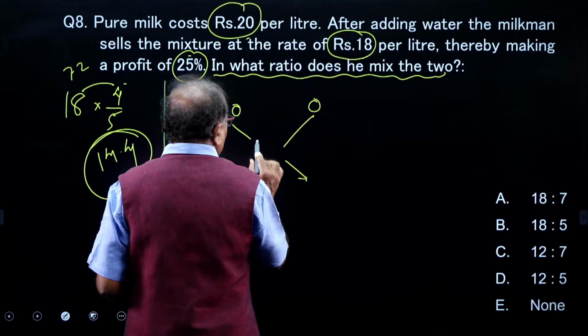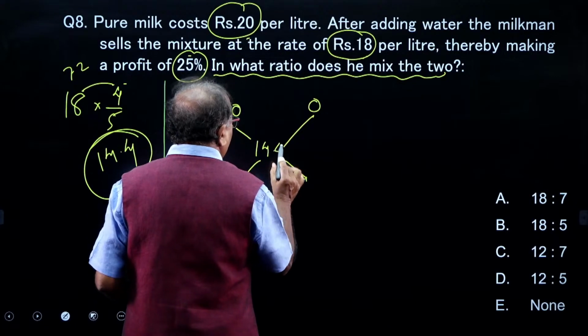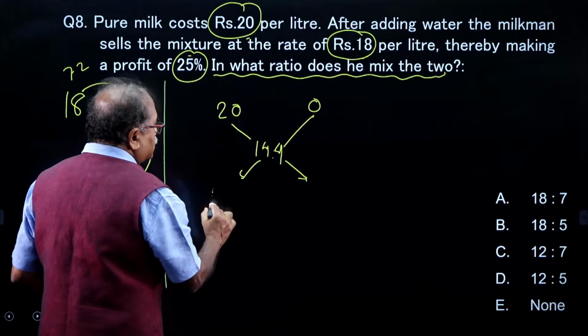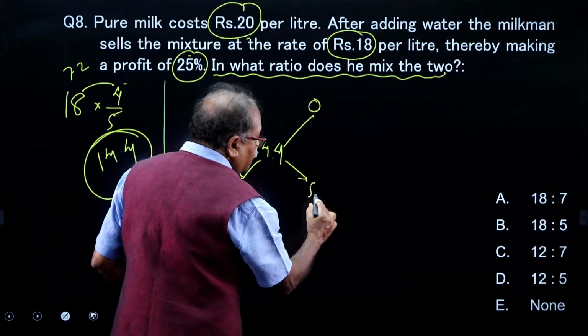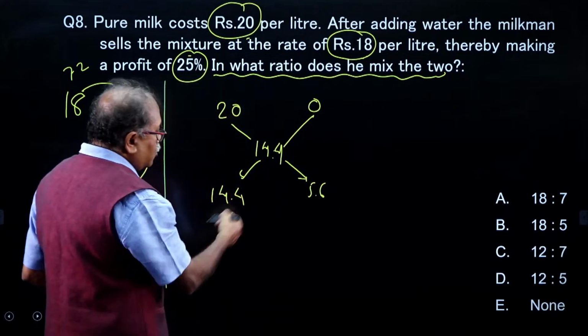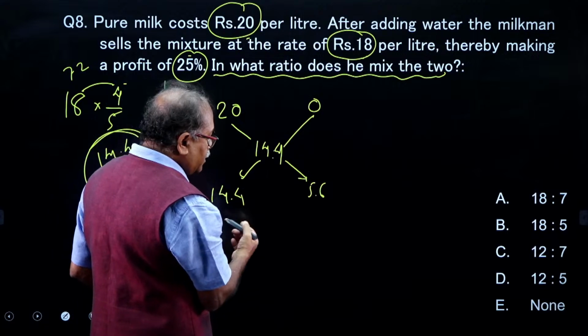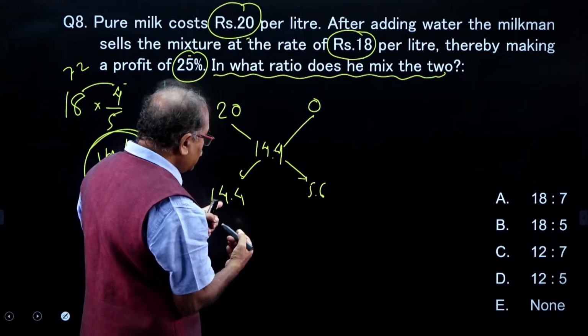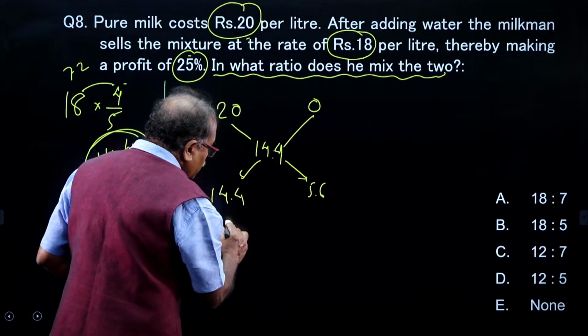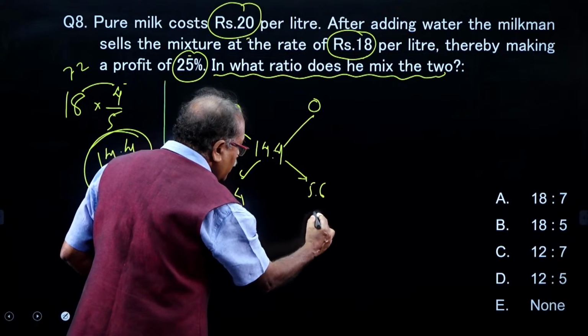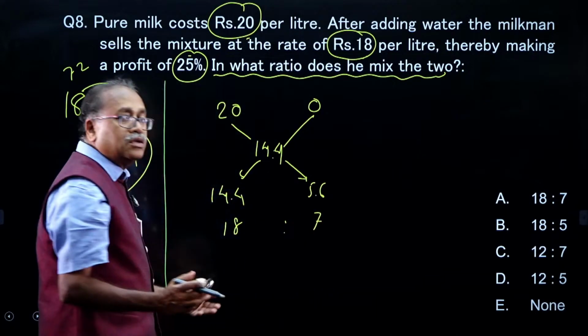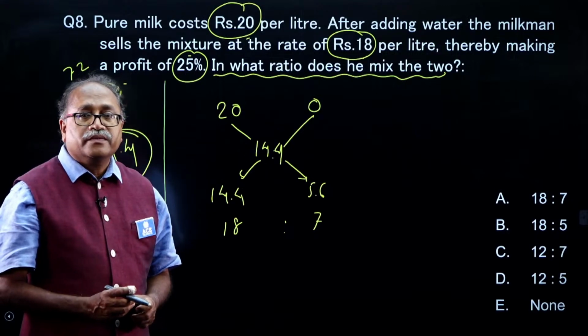Now, I will write down the cost price of the mean, 14.4, and this comes to 5.6. Now, when you cancel by 0.8, you get 18 and 7. So, this is what the ratio is.